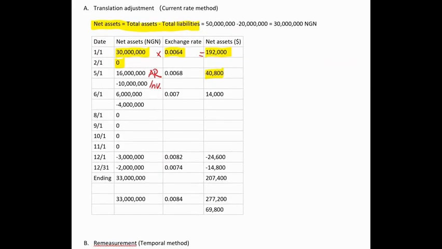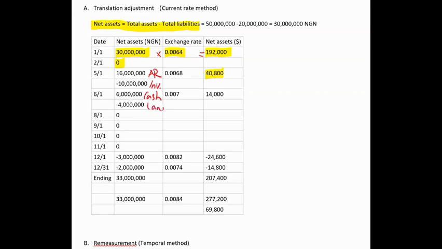On June 1st, they sold land for 6 million NGN cash. In this journal entry, we debit cash 6 million, so that increases our cash by 6 million. And we credit land, the cost of land, which on our books is 4 million.